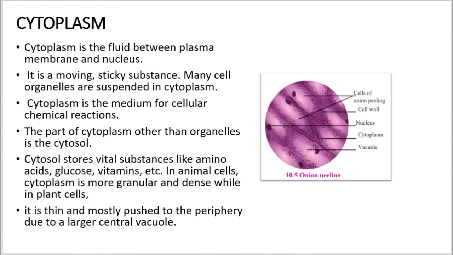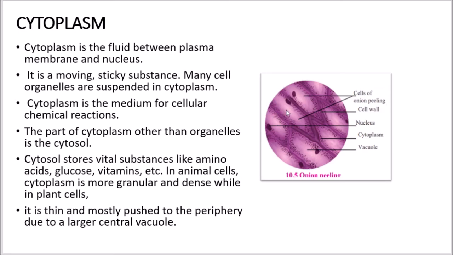Then the next organelle is the cytoplasm. Actually, it is the fluid substance inside the cell. So here the onion peeling is shown in the diagram. The onion peel has cell structures attached to each other.